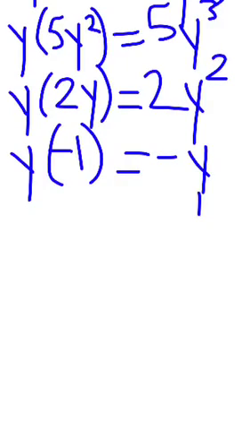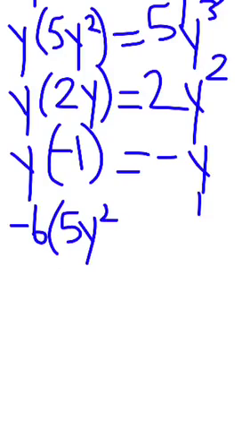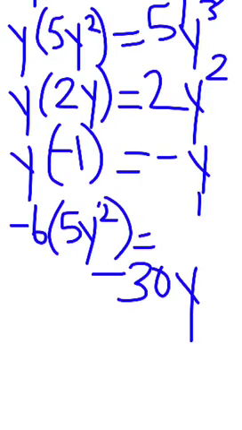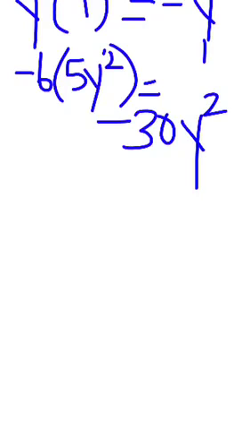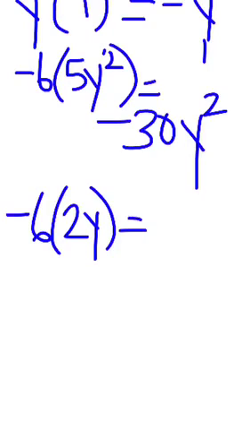So negative 6 times 5y squared will give you a negative 30y squared. Negative 6 times 2y will give us a negative 12y.